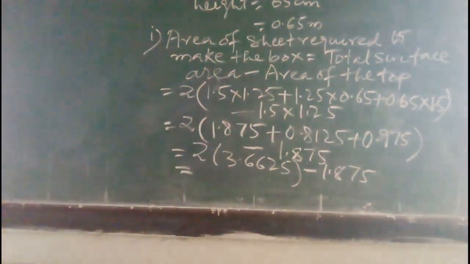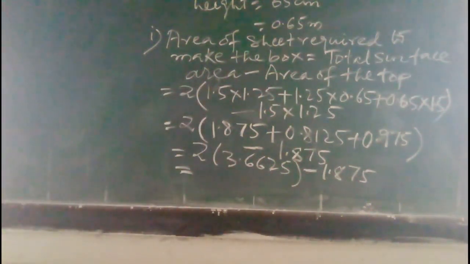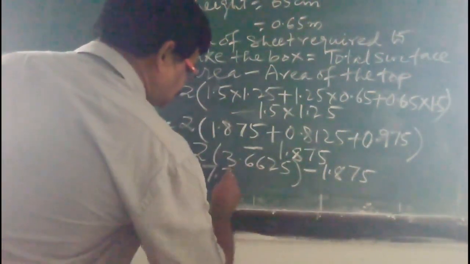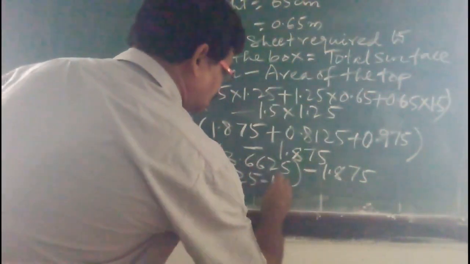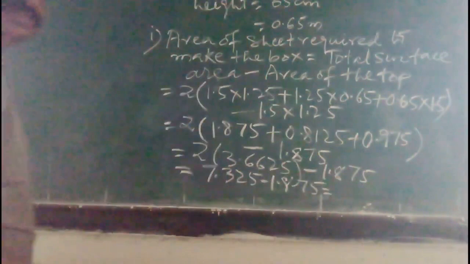Now multiply 2 with 3.6625, 7.325, minus 1.875.